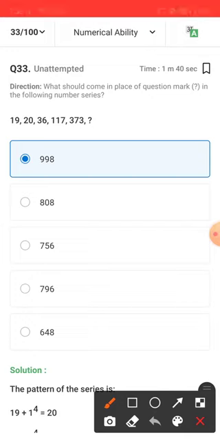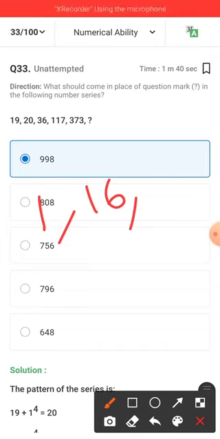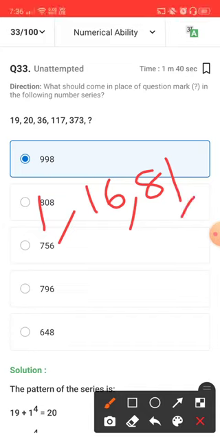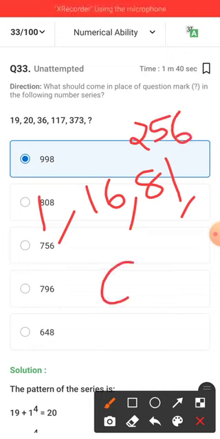Here we can see the difference 1, 16, 36 plus 81. Then next one is 256, then 625.